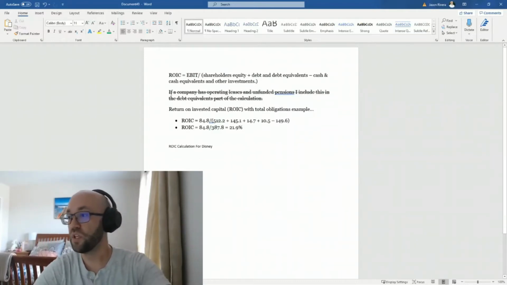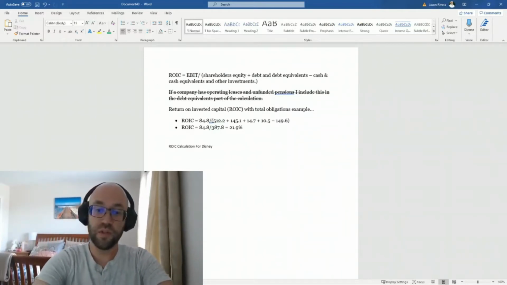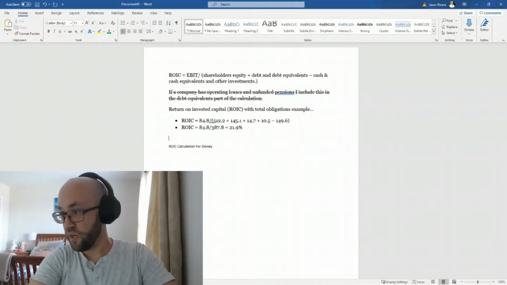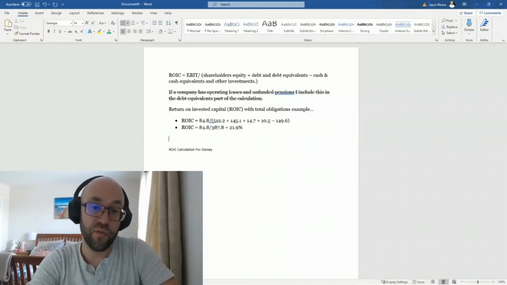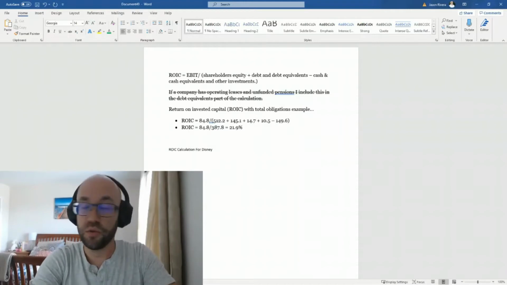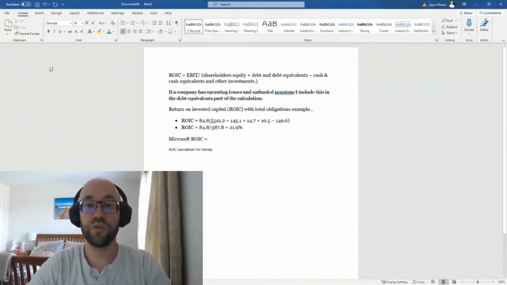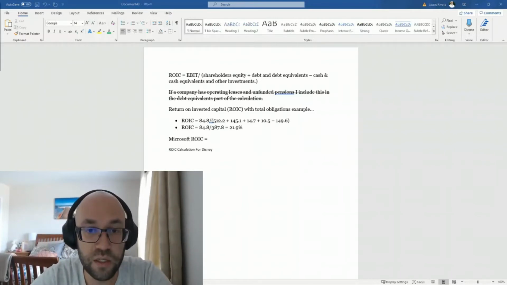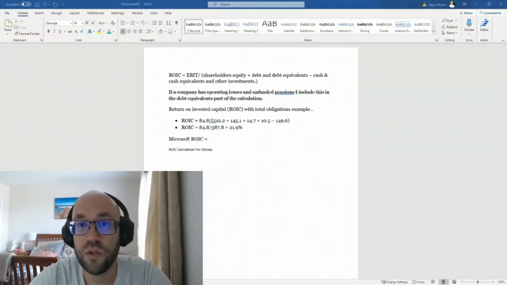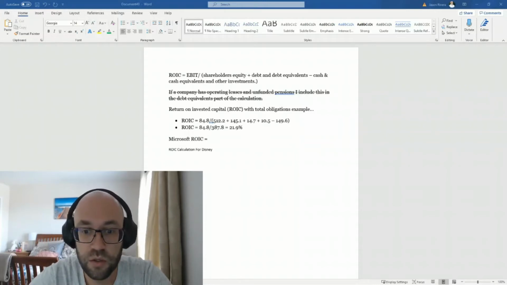Okay, so we're going to do this calculation on Microsoft and Disney, 2 different companies. I picked them because, frankly, they're 2 large companies that everybody knows. Equals, to calculate this, all you need, oops, my screen went away. There we go.